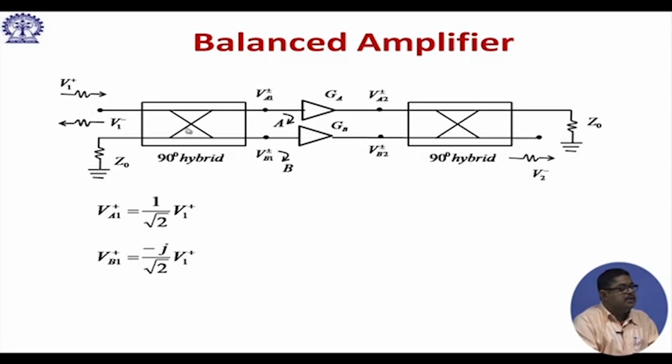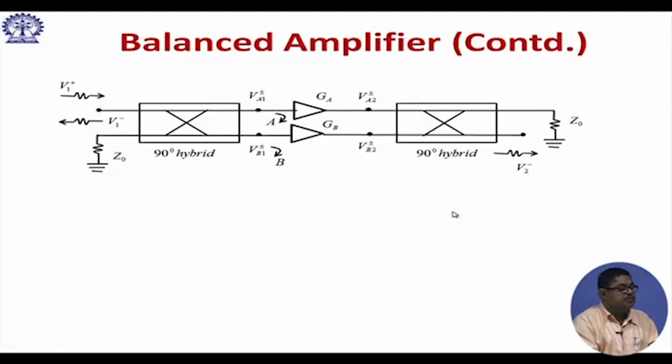Due to the 90-degree hybrid I will get a minus j, and then V1 plus. Then what is V2 minus? We know that for VA2 there will be a 90-degree change here, and the same 1 by root 2 here.